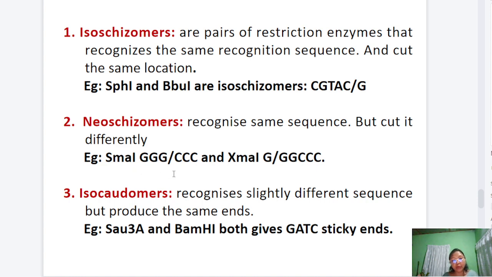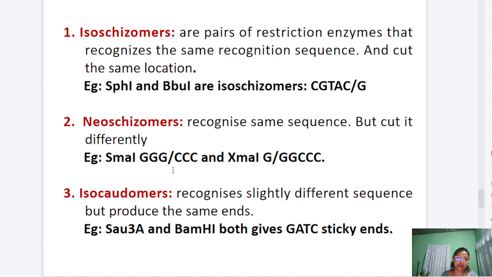XmaI also recognizes the same sequence. But SmaI will produce a blunt end because it cuts exactly in the middle of the recognition site, between the G and C. Whereas in XmaI, the cut is between guanine and guanine, producing overhangs.